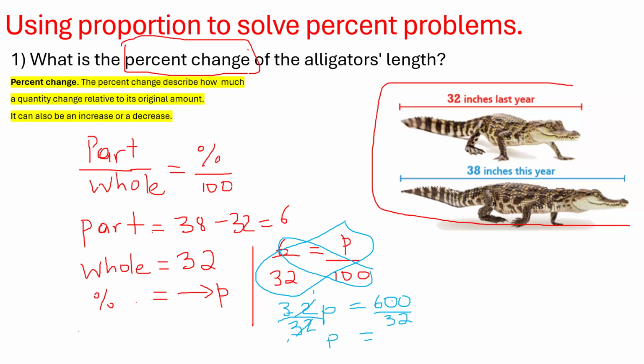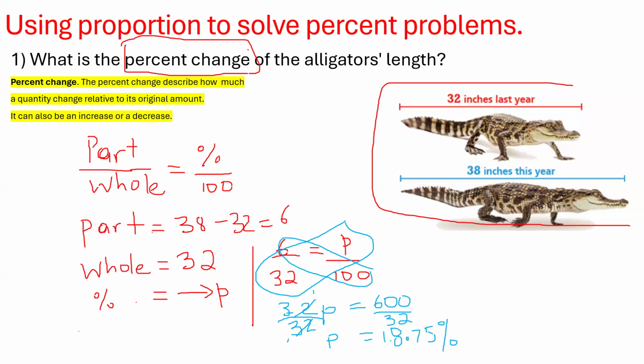If you divide 600 by 32, you are going to get 18.75. But looking back at the question, it says, what is the percent change? So you must write your answer as a percent. To write a number as a percent, we use the percentage symbol to show that it is in percentages.